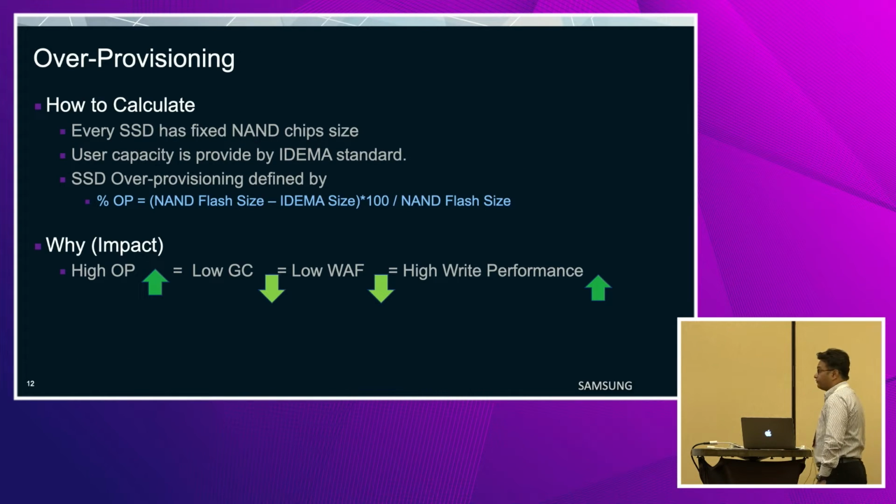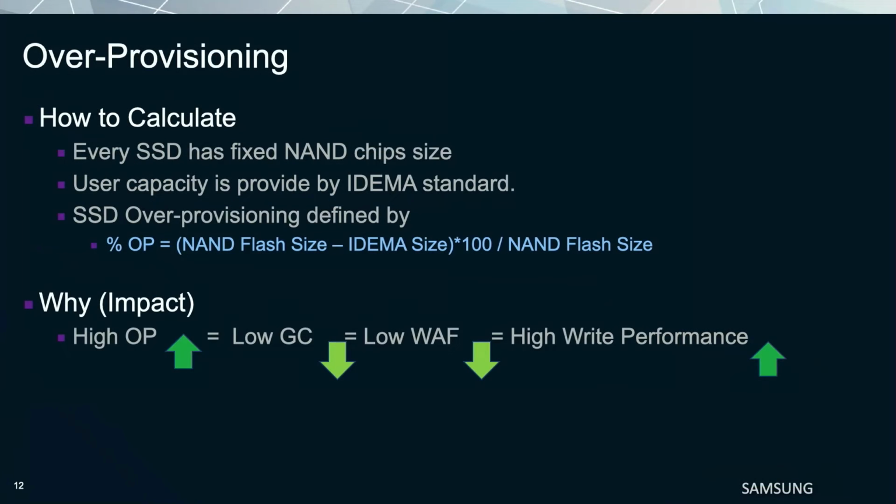Next one is over provisioning. OP, if you talk about, every vendor or every SSD has some fixed NAND sizes, okay? But the user doesn't know what the NAND size is. NANDs are there in the SSDs, but user capacity has to be determined based on the IDEMA standards, okay?